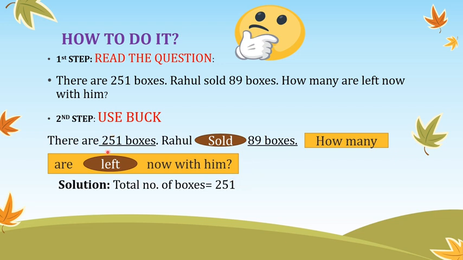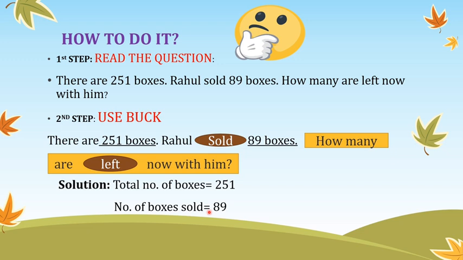Here it says 251 boxes. There are 251 boxes, so we have written total number of boxes. How many are there? 251. Next it says Rahul sold 89 boxes. So now, number of boxes sold. You can make it short also: total boxes, number sold.